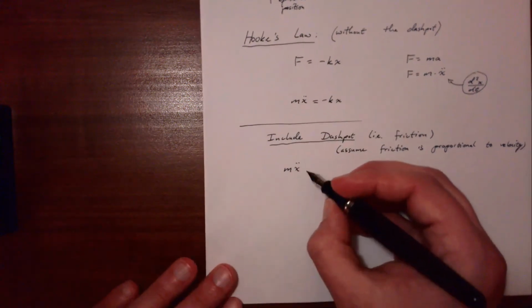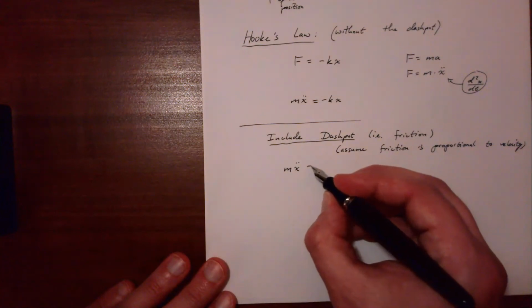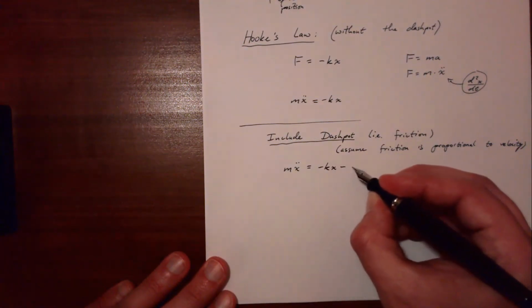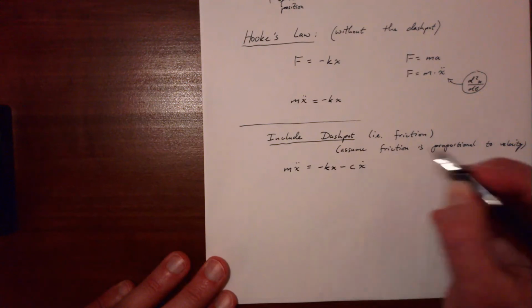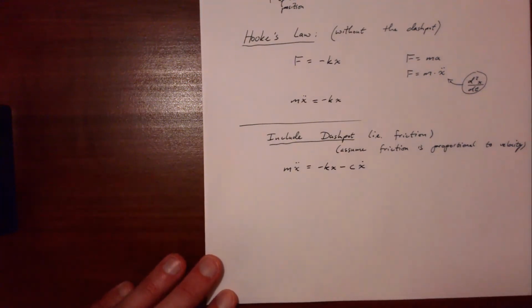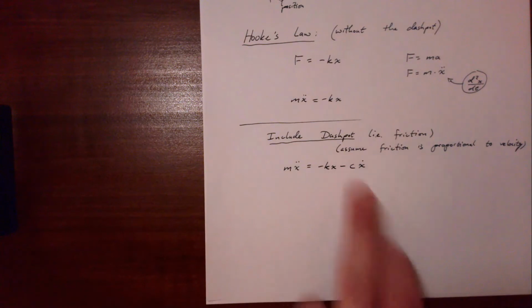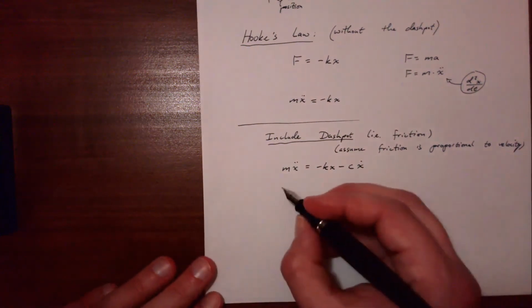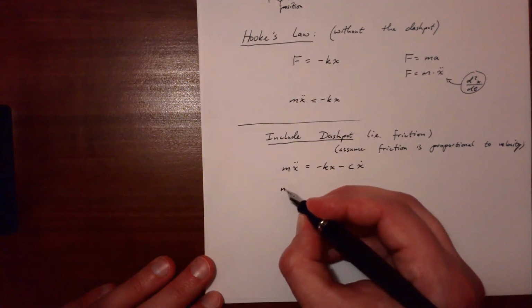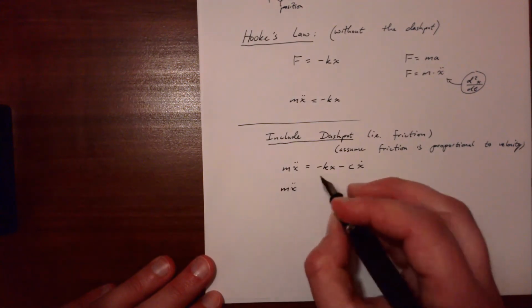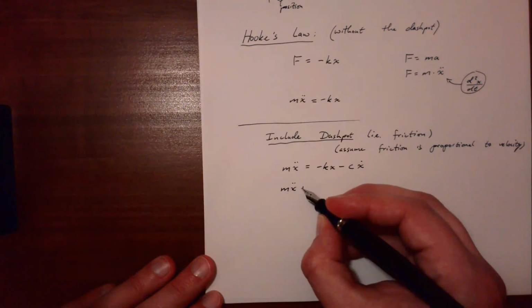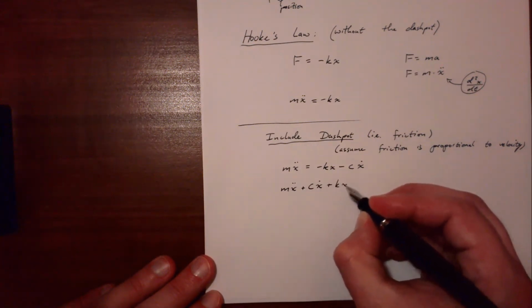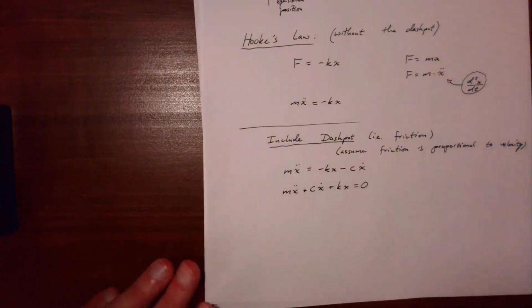And so what we're going to have is the force is going to be equal to negative kx minus c x dot. So this is the constant of proportionality, and x dot will just be the velocity. So then x dot dot plus c x dot plus kx equals 0.